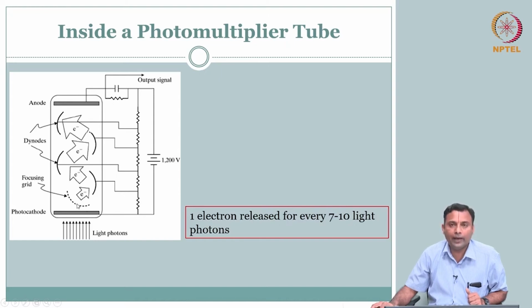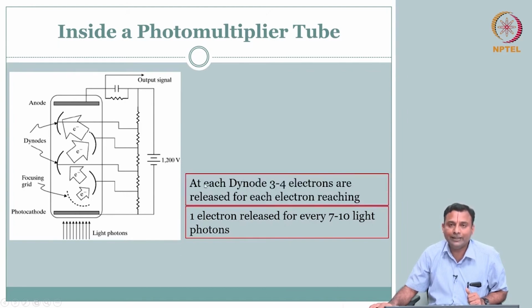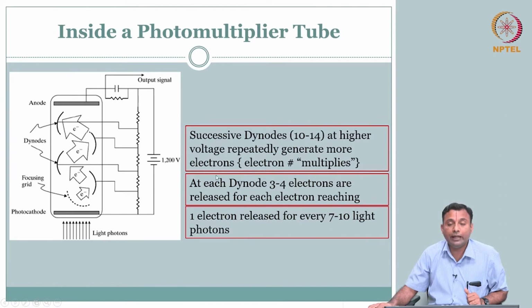So for every 7 to 10 light photons you have one electron. This one electron is steered and goes near the dynode. At each dynode more electrons are released: about 3 to 4 electrons for each electron reaching it. Likewise, you have several dynodes, about 10 to 14.